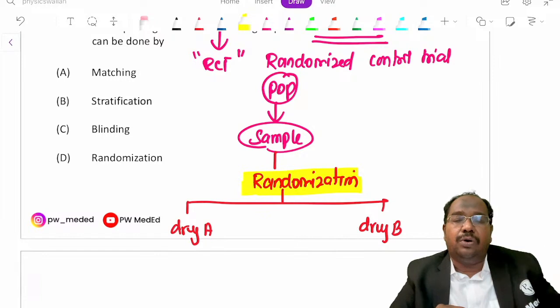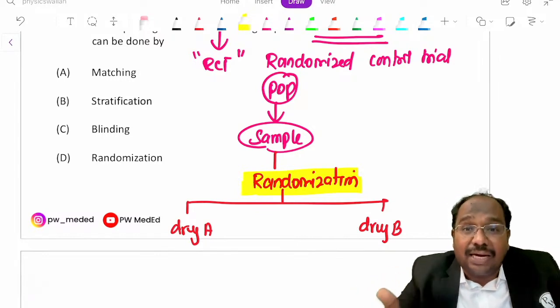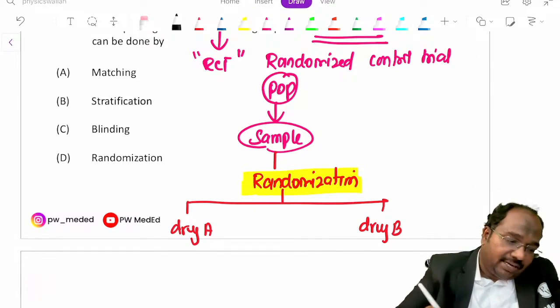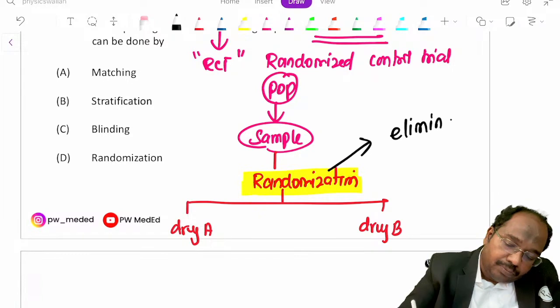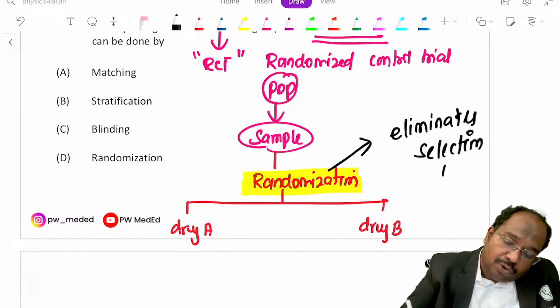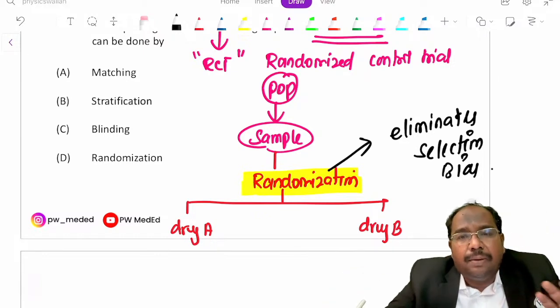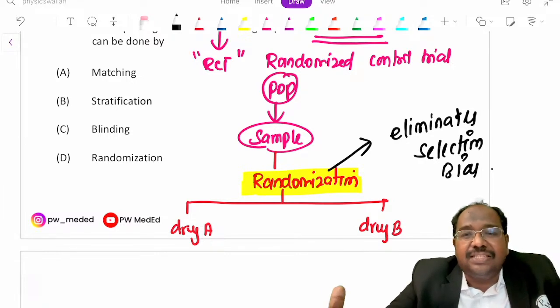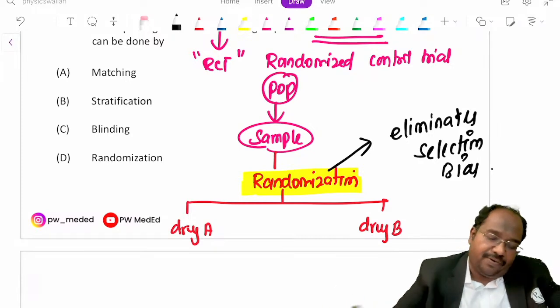The first person goes to group A, second person to group B, like that. So the advantage of randomization is that it eliminates selection bias. We do RCT because it is one of the best studies, as everything is in our control, so the selection bias is less. Okay, fine. Next.